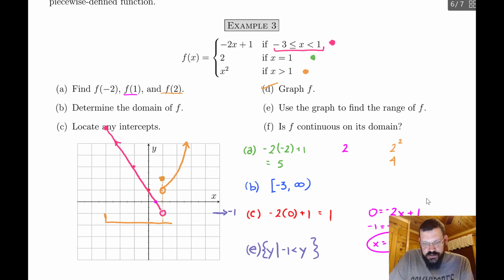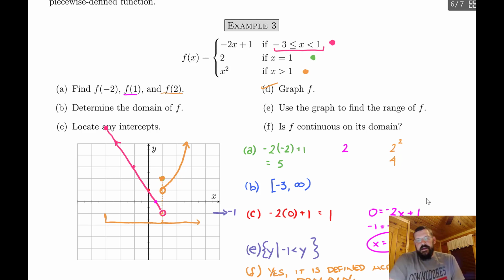Fortunately, it is defined to be 2 at this point, even though we have these two open intervals for the other two graphs. So yes, this graph does end up being defined on its entire domain. We can just say yes, it is defined across its domain.